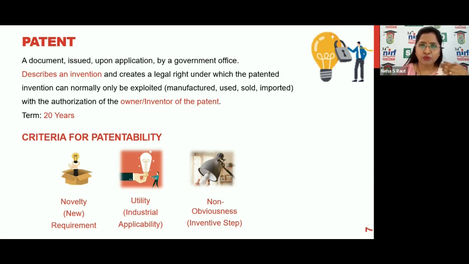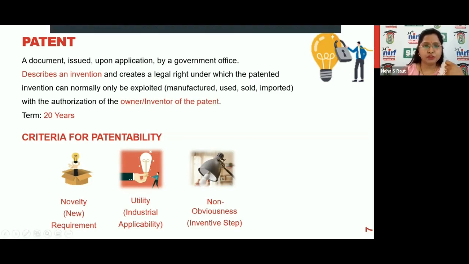Does it have some sort of industrial utility, yes or no? That point is really important. The use of your product or your process, is it really worthwhile or not? And then the last one is non-obviousness. It is an inventive step. That step makes it more applicable, in that it has technical advancement as well as economic significance.